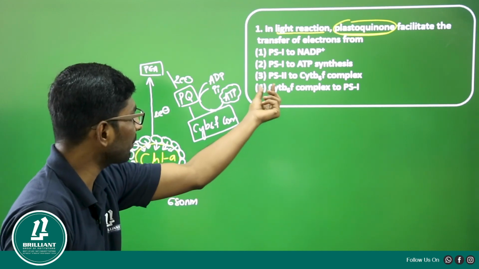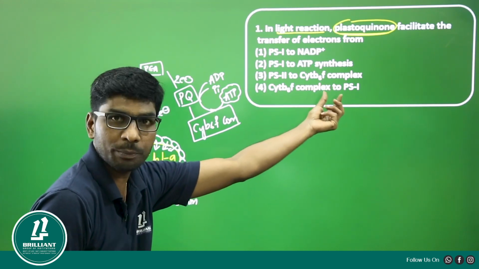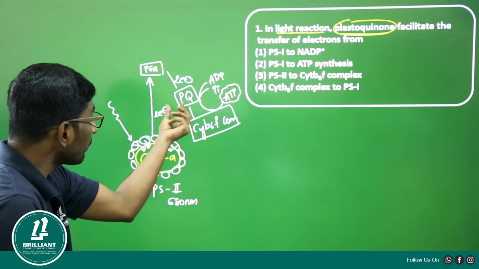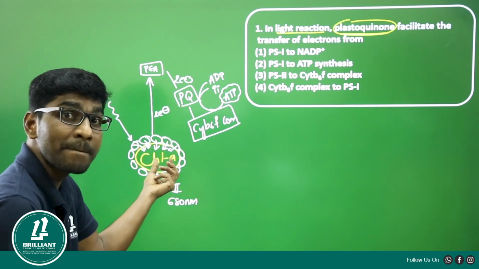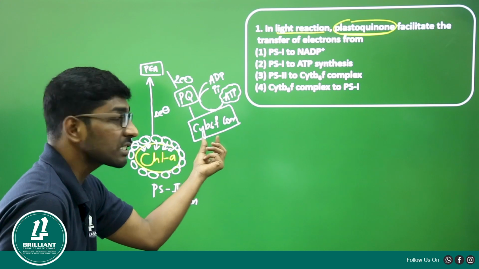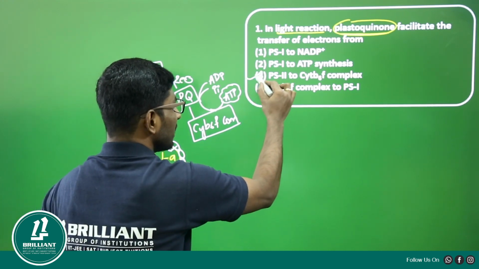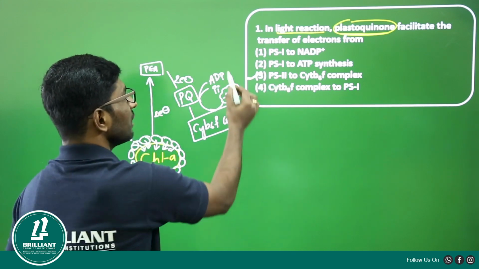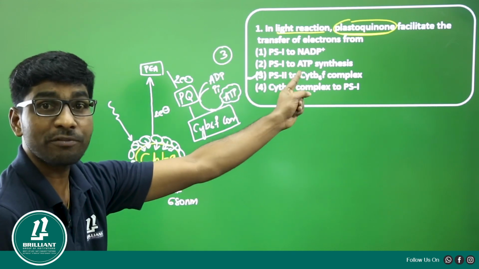Yes or no? Look at here the PS2 to cytochrome B6F complex and cytochrome B6F complex to PS1. So come on, tell me here. Plastoquinone transfers electrons from, come on, from where to where? PS2 to cytochrome F complex. So our appropriate correct answer of this question is what? Answer 3, PS2 to cytochrome F complex.